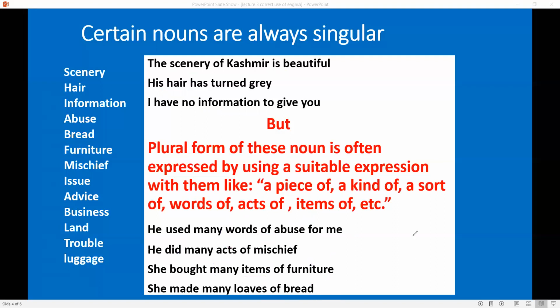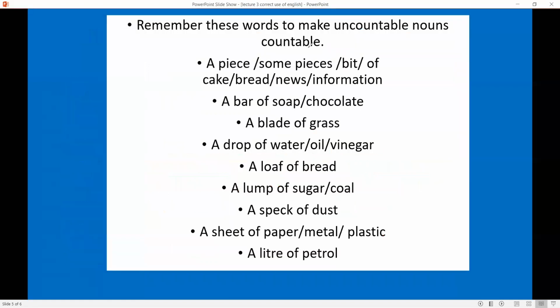Otherwise, they are singular, they will remain singular and will have a singular verb with them. To make them plural, we have to use these kinds of expressions or phrases with them: words of, acts of, items of, or loaves of. Now remember these words to make uncountable nouns countable.